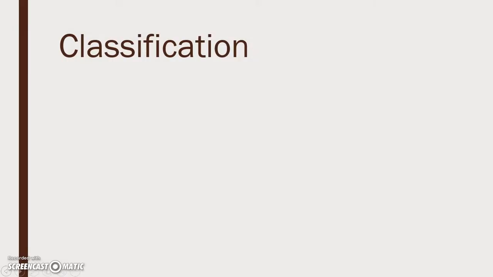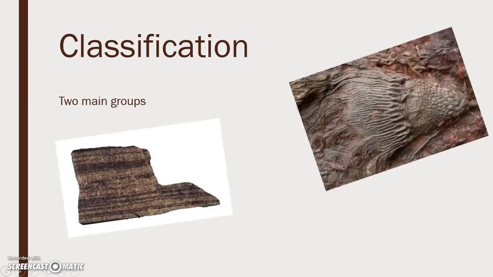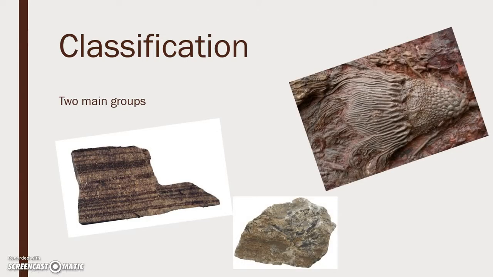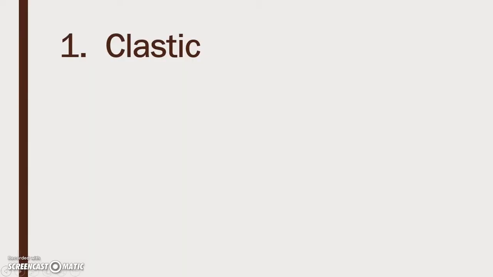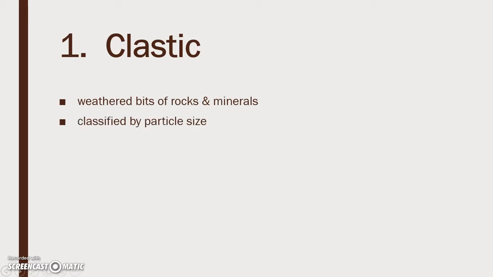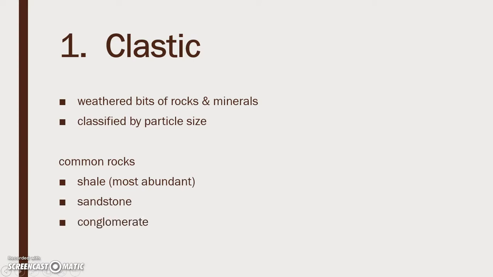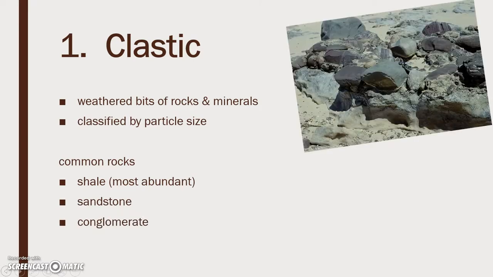But how we classify sedimentary rocks is in two main groups. We split it up into clastic sedimentary rocks, which means it's weathered bits of rocks and minerals that are pushed together. And they are classified by their particle size. Examples are shale, which is the most abundant, sandstone, and conglomerate.